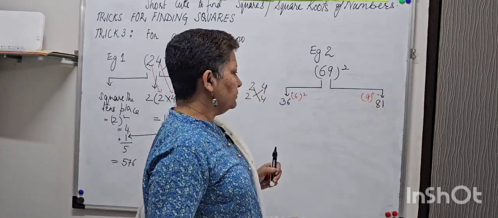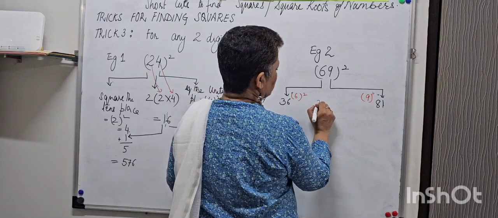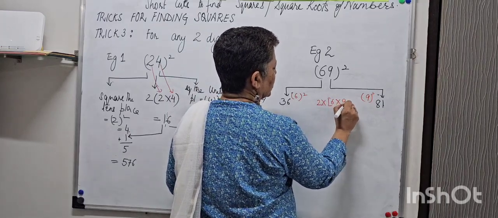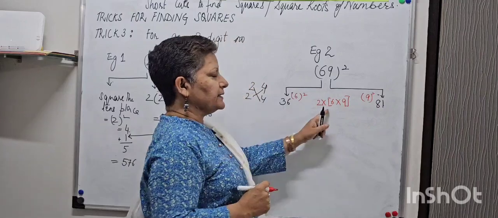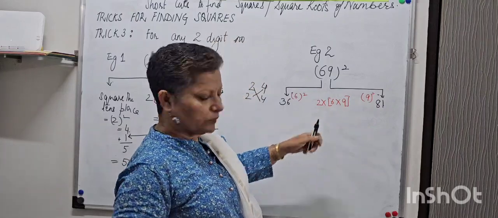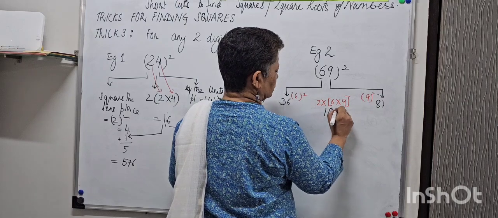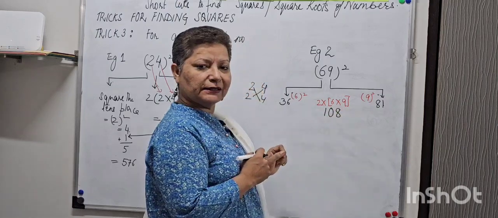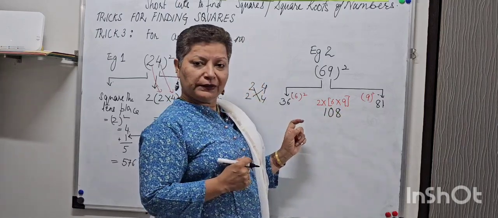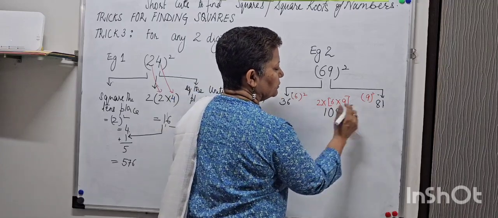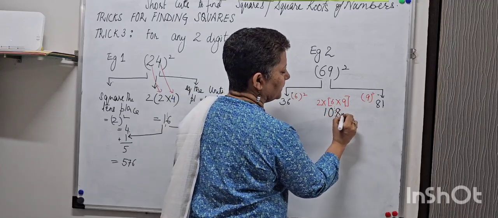Now in the center, what do you get? The center is going to be 2 into 6 into 9. What is 9? 54 into 2, that's going to give you 108. Now this here becomes a 3-digit number. So what do you do with a 3-digit number? The ones digit is still going to go here.